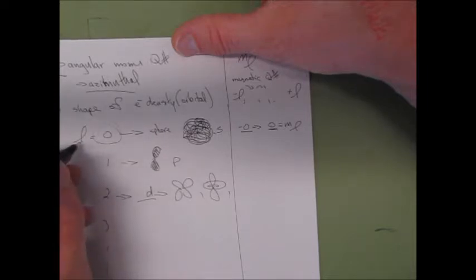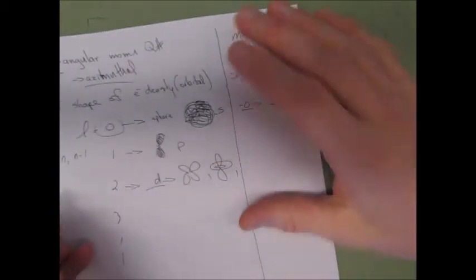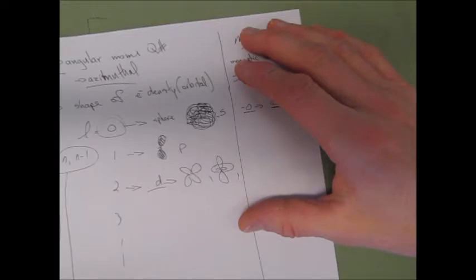So L, going back here, takes on restrictions: whatever your principal quantum number n was, L can take on values starting from 0 up to n minus 1. This is one rule, as an example.